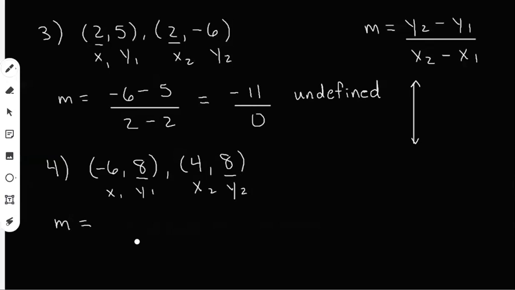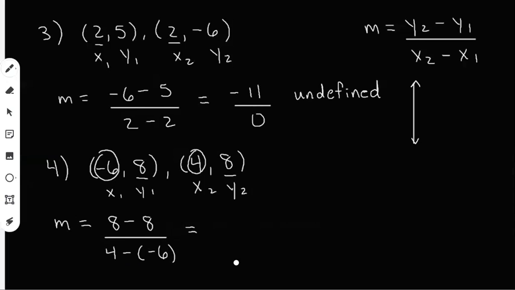Okay, so let's use the formula up there. I'm going to subtract the y values on top. That's going to give me 8 minus 8. And I'm sure you know what that is. At the bottom of the fraction, I'm going to have 4 minus -6. Notice that the double negative comes into play because I'm taking this 4 and subtracting the -6.